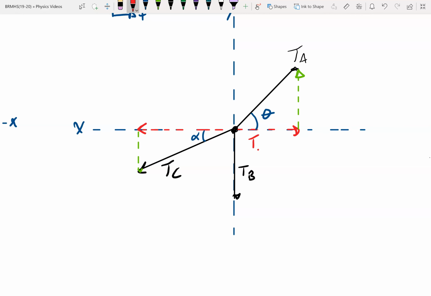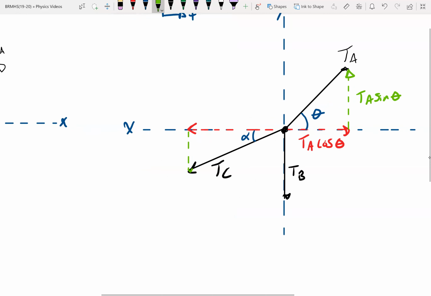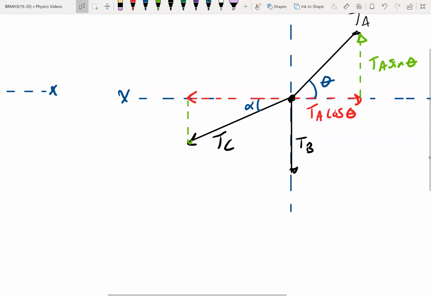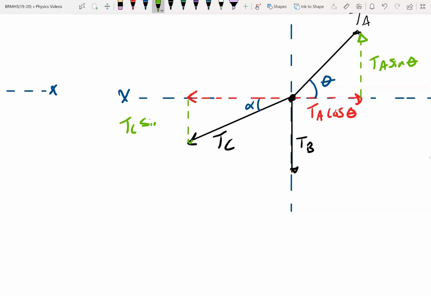That's going to be TA cosine theta, because that red portion is adjacent to the angle theta, and TA is the hypotenuse, and this is TA sine theta. TB, I have nothing to do with it. So I come over here to TC. That's the one in the third quadrant. I have TC, the hypotenuse, times sine alpha. Different angle, so I have a different Greek letter indicating the angle, and that green portion is opposite that alpha. Then in red, I have TC cosine alpha.